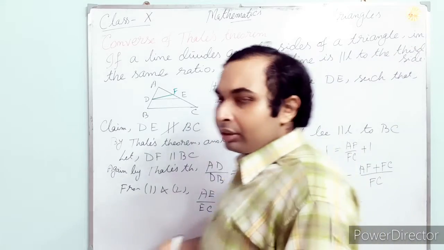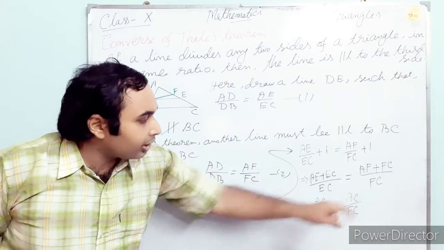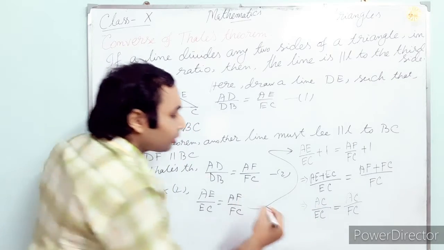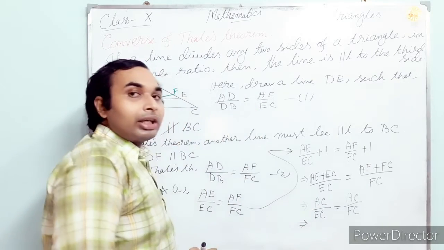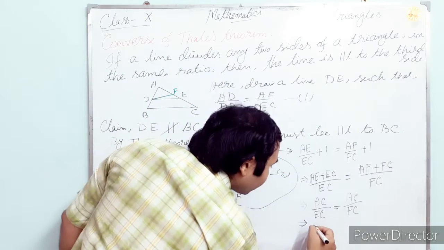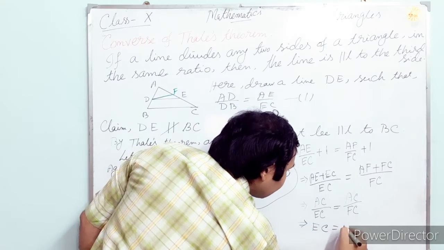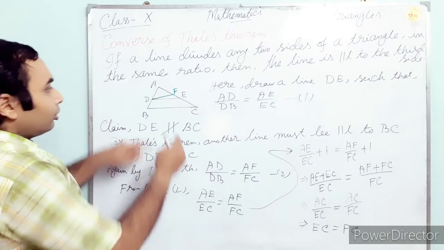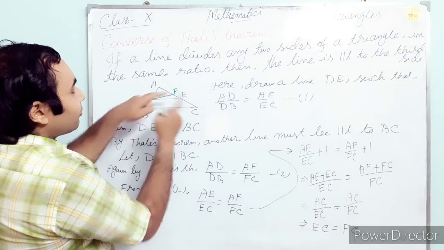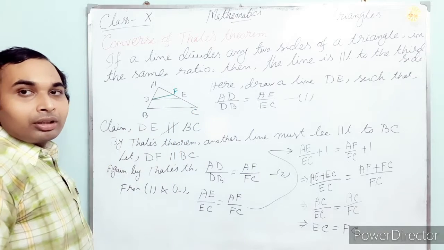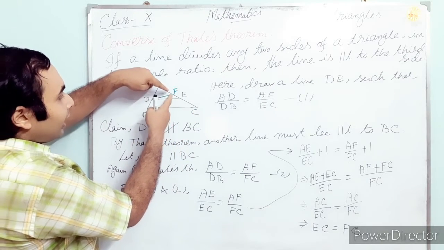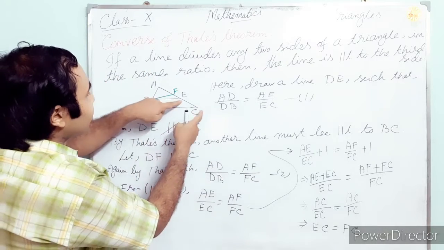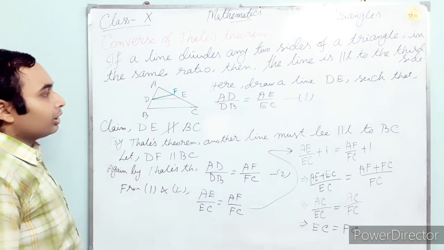So from here the numerators are equal. From the properties of fractions that you learnt in class 5, we can definitely say EC is equals to FC. When is this possible? Here E and F are two different points, but we are getting EC equals FC.